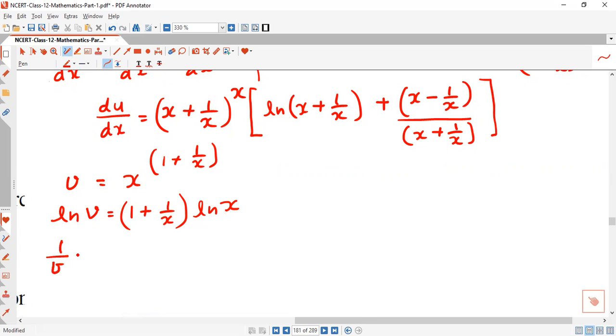Log v gives 1 upon v and dv by dx. Now do the differentiation of the first part. 1 gives differentiation 0 and 1 upon x will give differentiation minus 1 upon x square. This is multiplied by the function log x, plus the first function, and now do the differentiation of log x. This comes out 1 upon x.